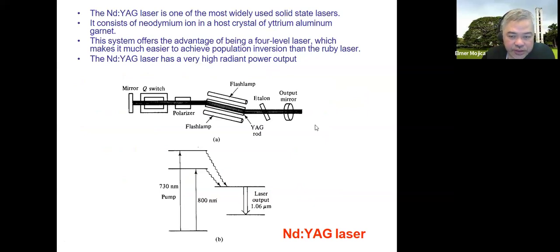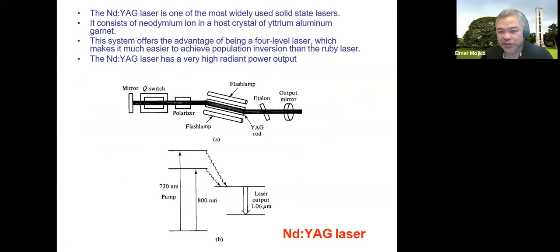Now, aside from the ruby, okay, the Nd:YAG laser is one of the most commonly and widely used solid state lasers. So if you remember, this Nd:YAG consists of neodymium ions in a host crystal of yttrium aluminum garnet.